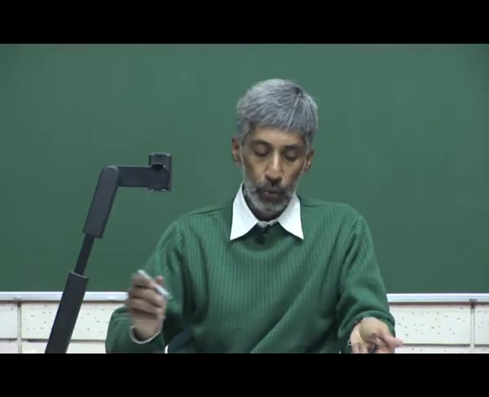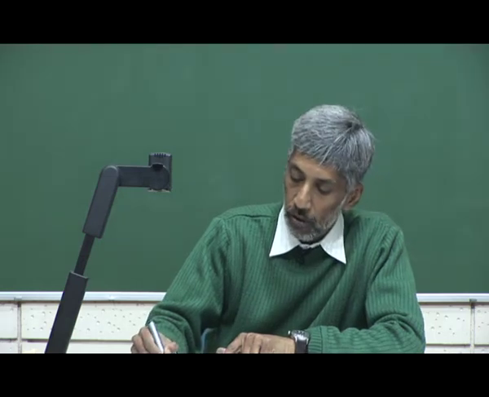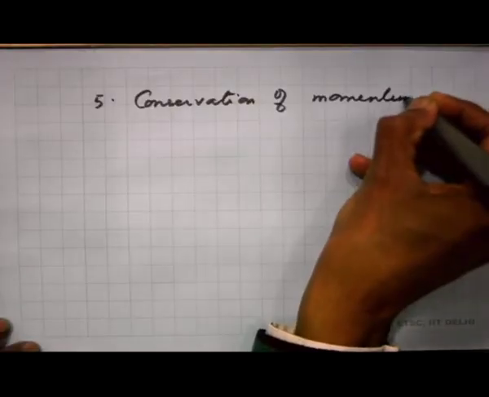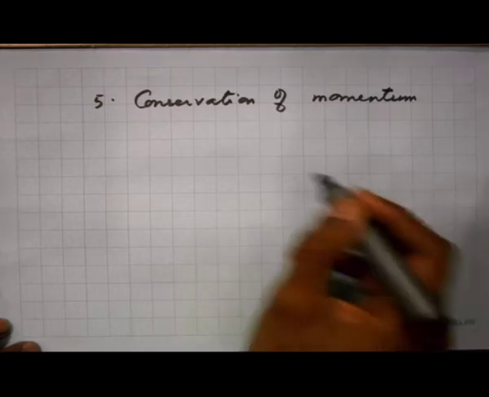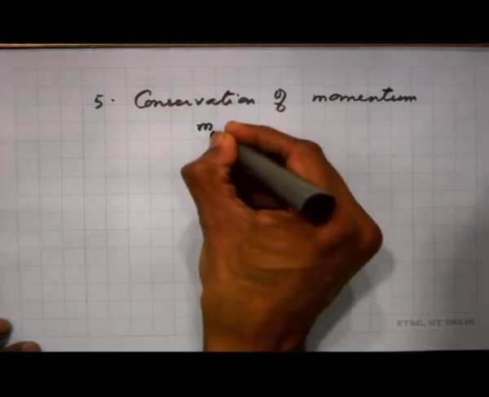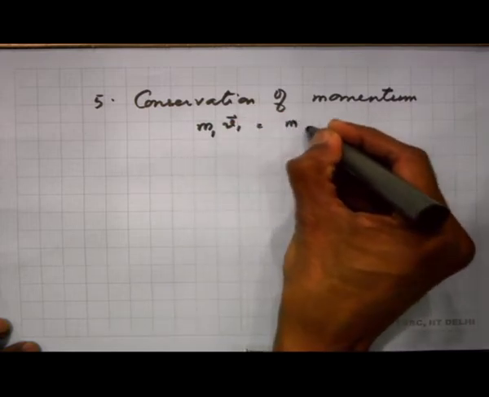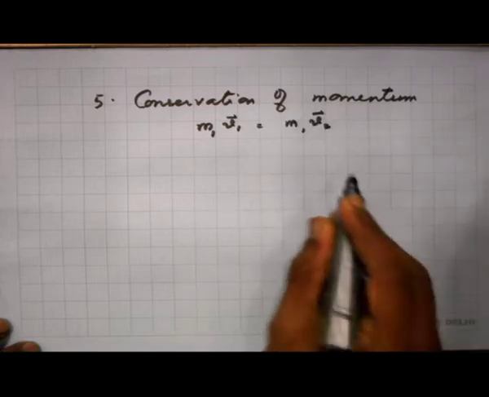Okay? So, there are three parts to that thing about the kinetic energy. And the fifth one is that in this model there is conservation of momentum. And what we are saying is, m1 v1 must equal m1 v2, if we are considering the same molecule.